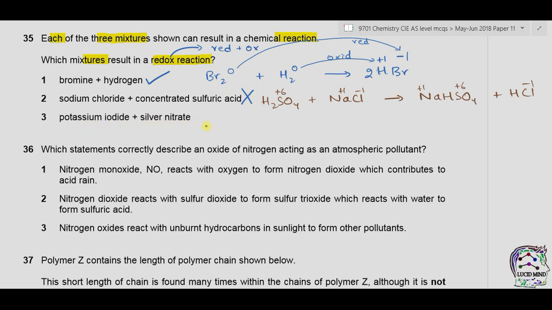Potassium iodide plus silver nitrate. Now we know that silver iodide is formed along with potassium nitrate. The oxidation states are similar. So this is also not a redox reaction. As only option 1 is correct, the answer is therefore D.